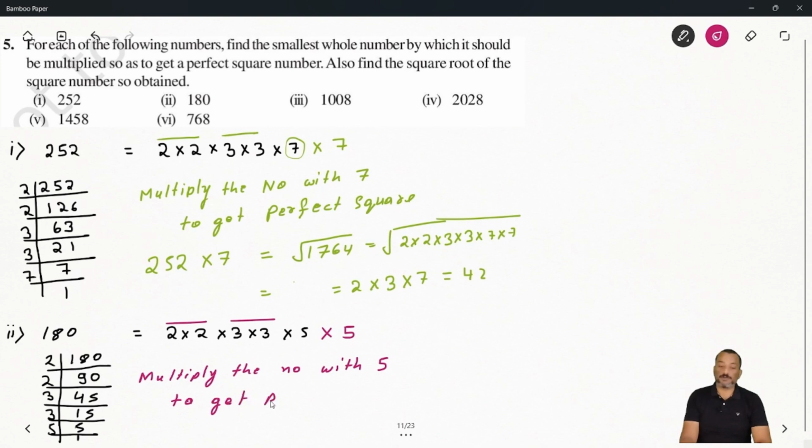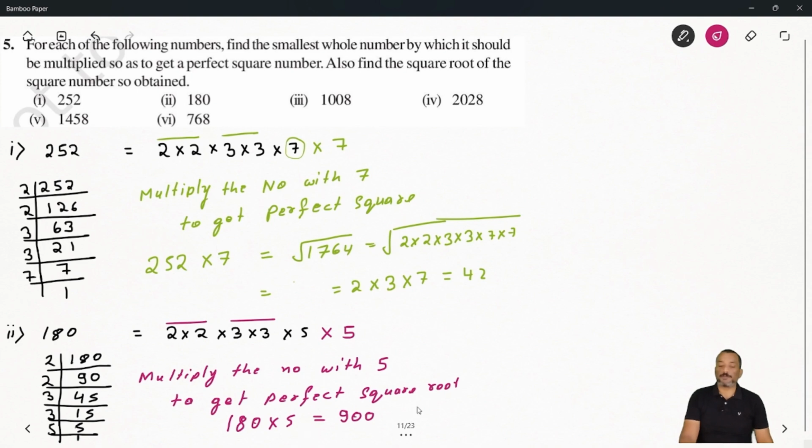So if you multiply 180 times 5, how much do you get? 18 times 5 is 90, so 900. And the square root of 900, how much do you get?